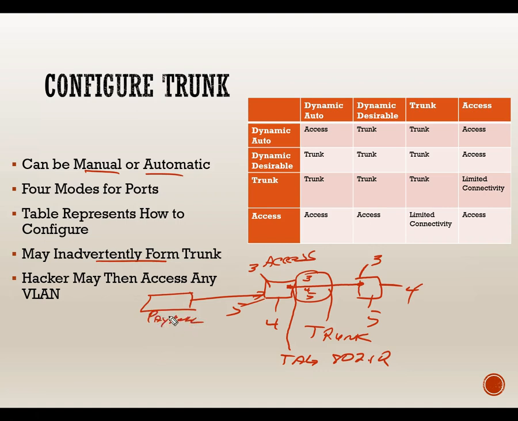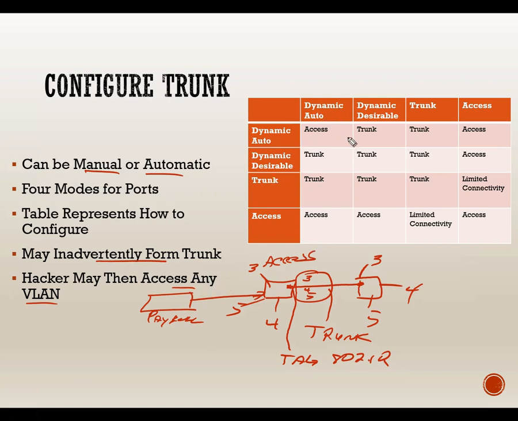So now this hacker is into my payroll network. So the disadvantage of automatic configuration is that a hacker may access any VLAN if he can configure a trunk port on the switch, a rogue switch. And we'll look at some of the security measures of how to prevent that.